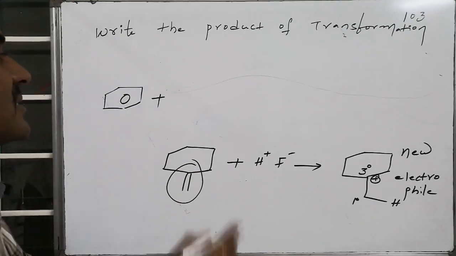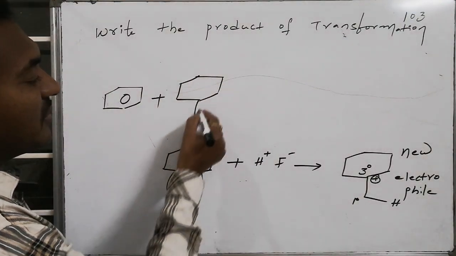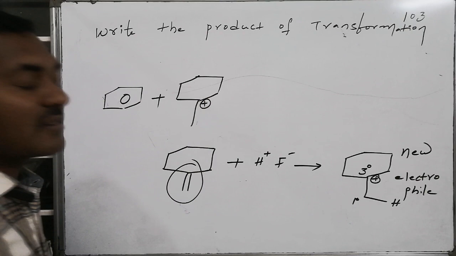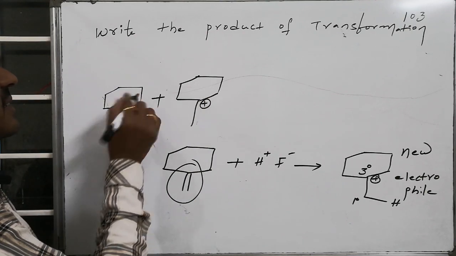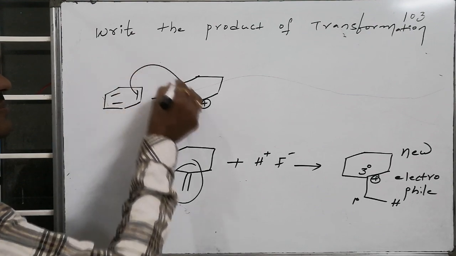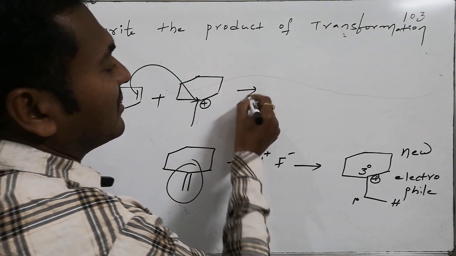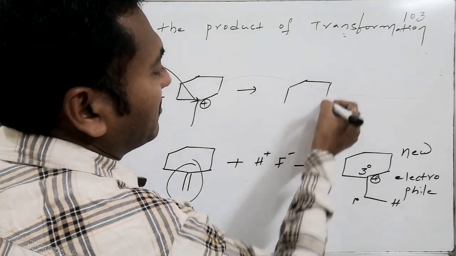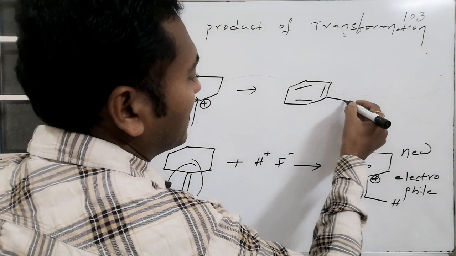Thus the net reaction related to the transformation appears as benzene followed by this cationic system, the tertiary carbocation, as electrophile makes an attack over the benzene system electrophilically. Electrophilic substitution takes place, followed by hydrogen replacement from the place where it got substituted.